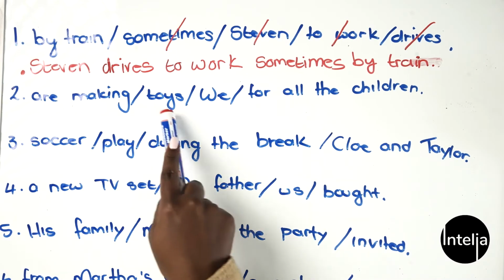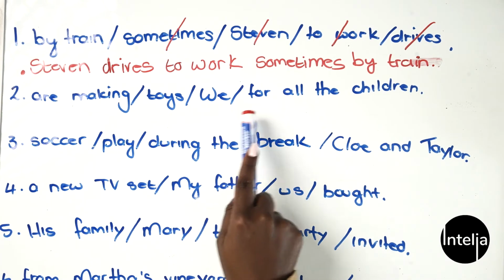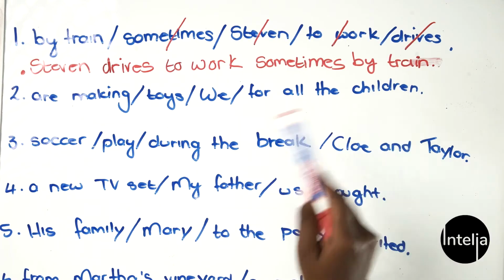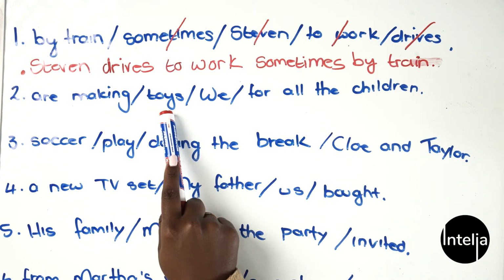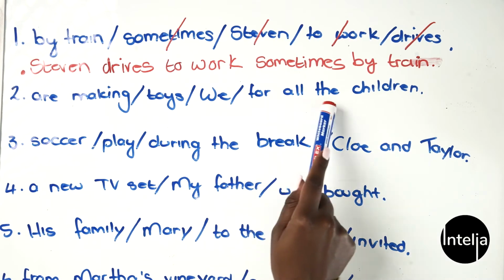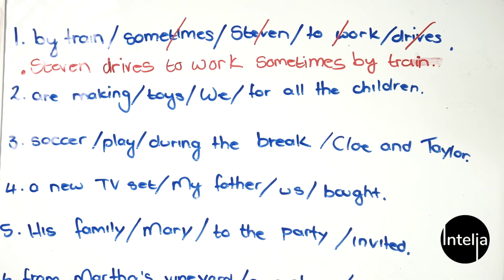Are making toys, we, for all the children. Let's say that again. Are making toys, we, for all the children. Remember what I said? The beginning of our sentence is always the subject, and the subject will always start with a capital letter because it is the beginning of our sentence.